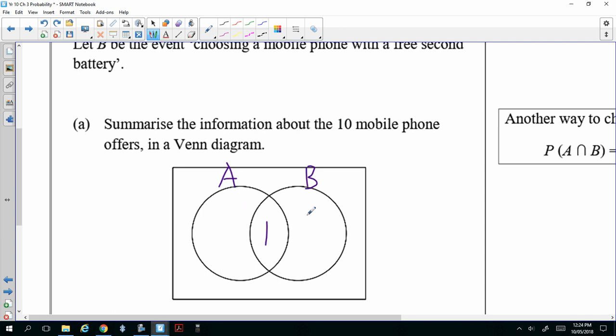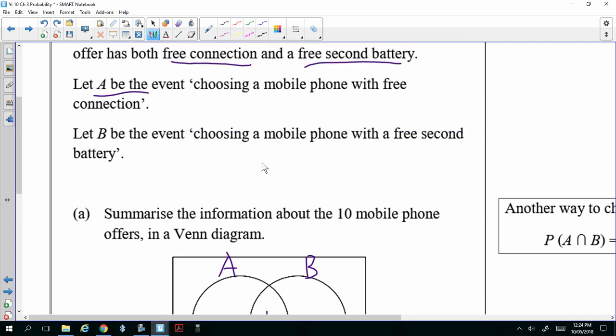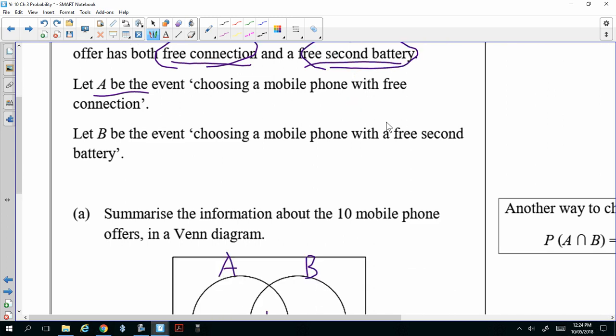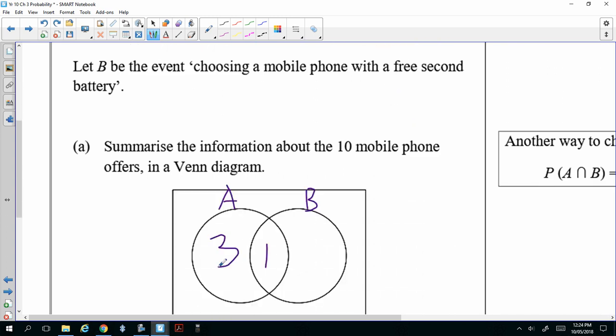There are 4 with free connection, but one has both, so there are 3. 1 plus 3 is 4, so there are 4 with free connection.